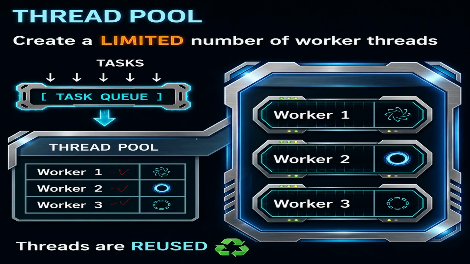There will be a queue in which tasks will be waiting, along with configuration strategies. So this gives us much better control over concurrency and thread lifecycle. Remember the key idea: don't necessarily create a new thread for every task. Reuse a controlled set of worker threads for completing those tasks.